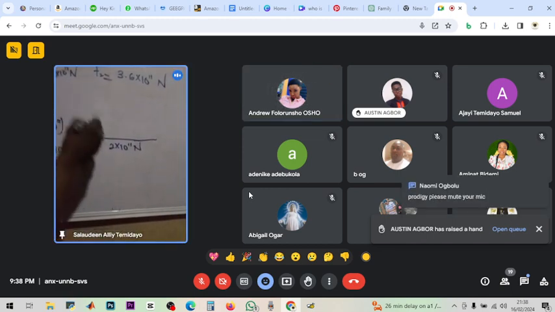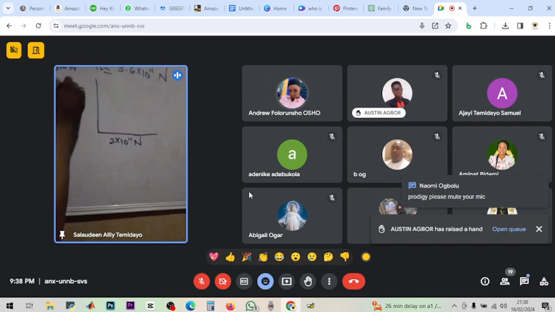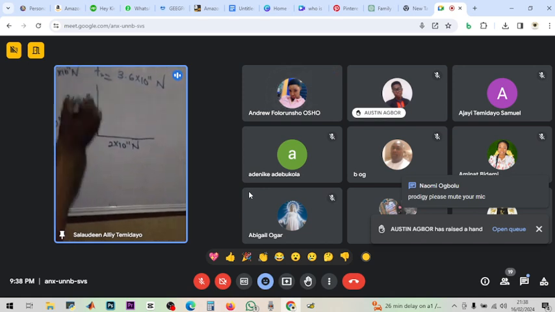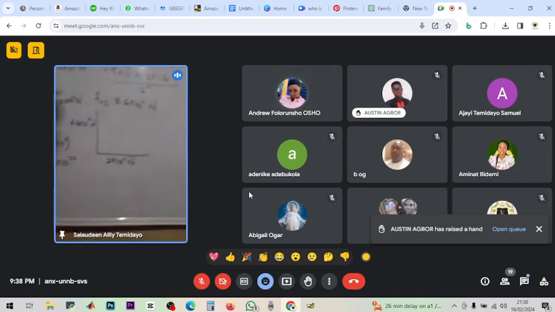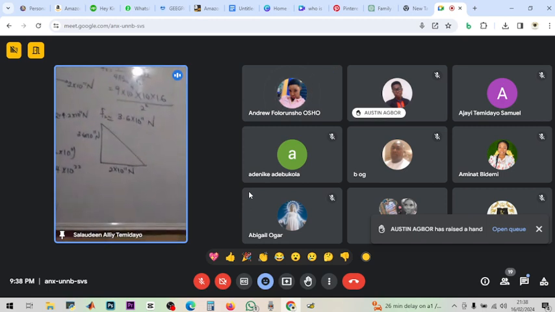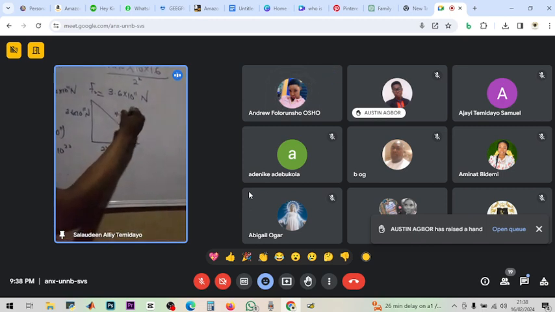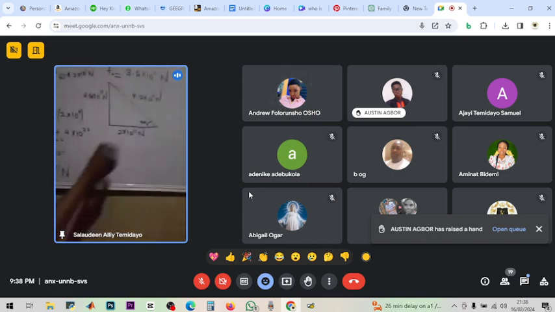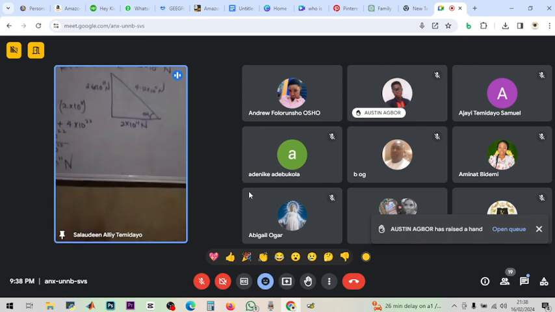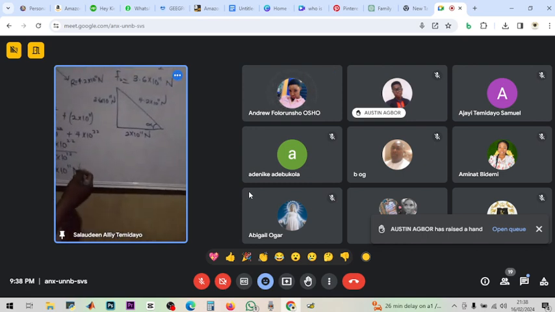This one should be the vertical. The value is 3.6 times 10 raised to power 11 newtons. And this one is the resultant. It comes like this. So it is 4.2 times 10 raised to power 11 newtons. This is the alpha. That's the direction.